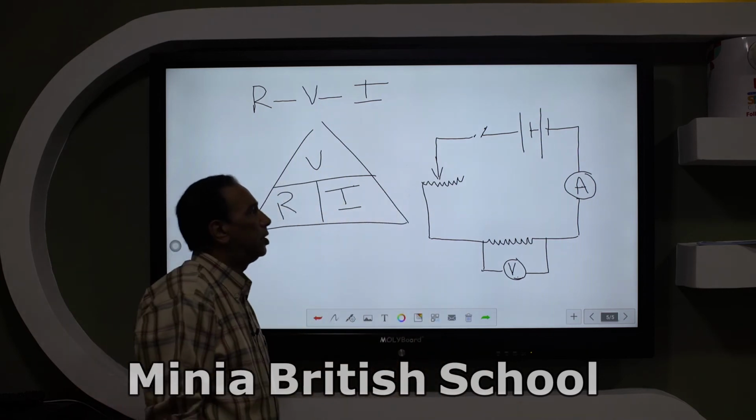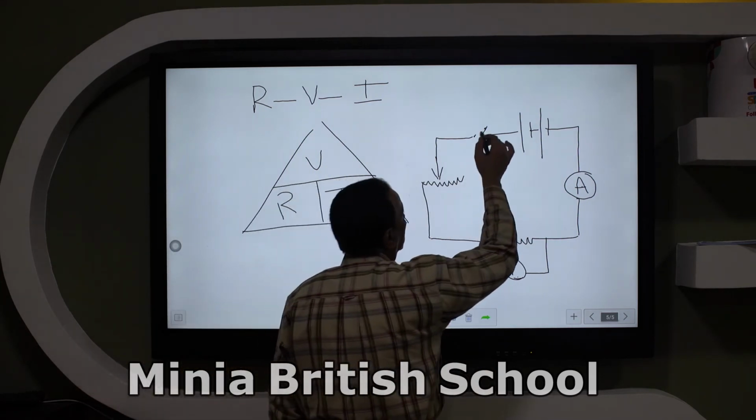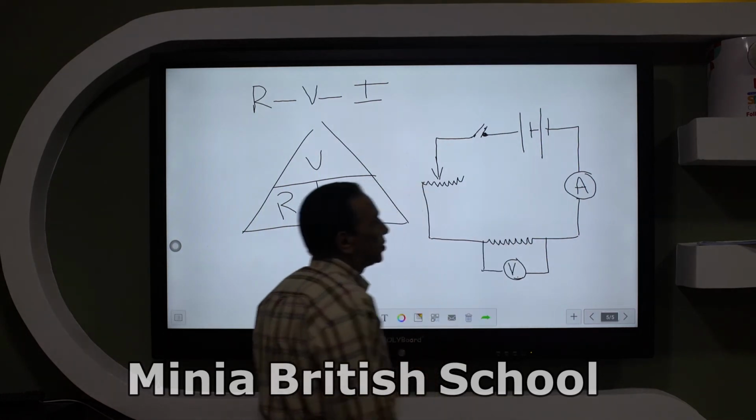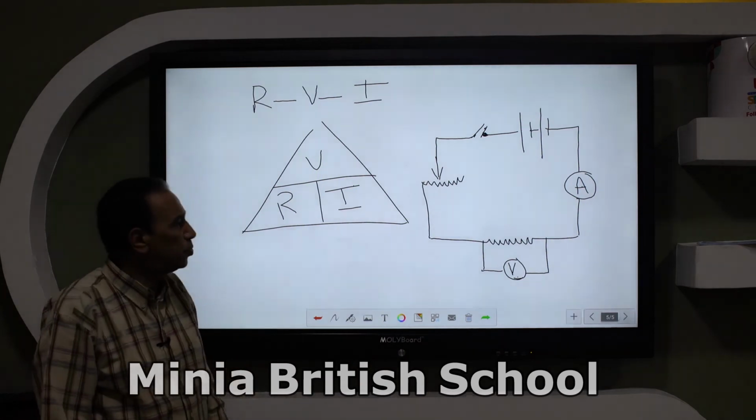This is the electric circuit that verifies Ohm's law.